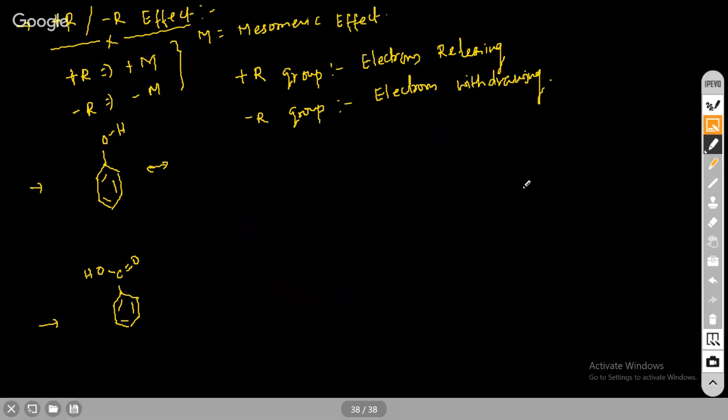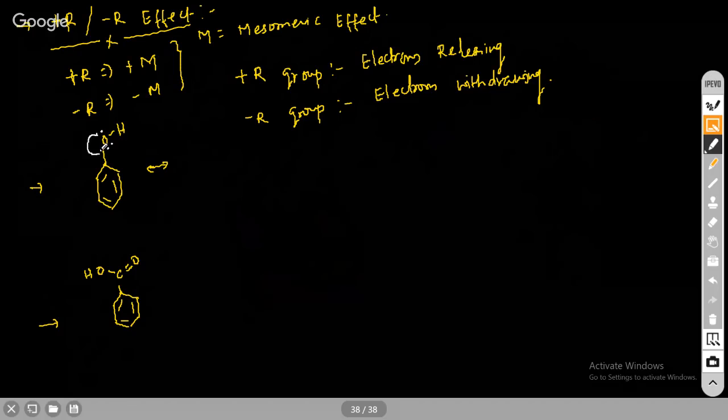Only two things you have to keep in mind. If the group attached to the ring contains any negative charge or lone pair of electrons, then it is electron releasing.